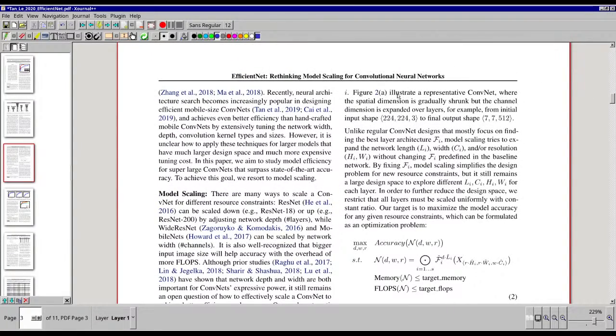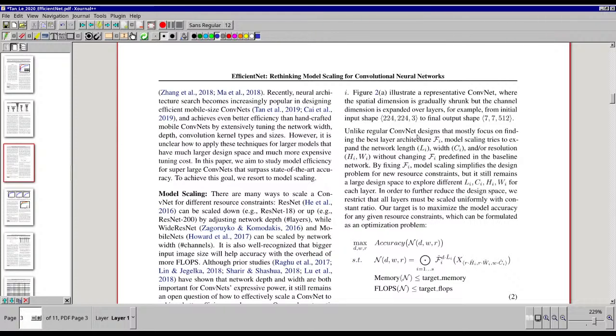Figure 2a illustrates a representative ConvNet, where the spatial dimension is gradually shrunk, but the channel dimension is expanded over layers, for example from the initial input shape 224, 224, 3 to the final output shape 7, 7, 512.